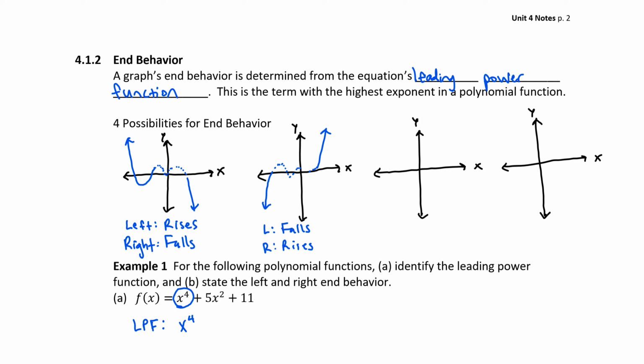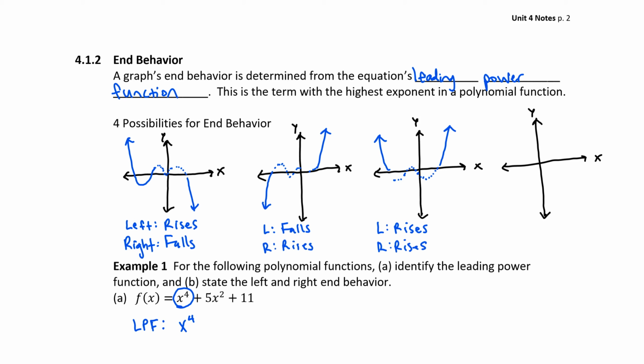Another example would be a polynomial that does something like this. Again, it can do all of its activity in the middle. In this case, the left side rises and the right side rises.